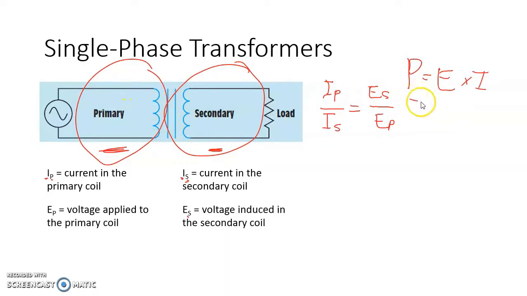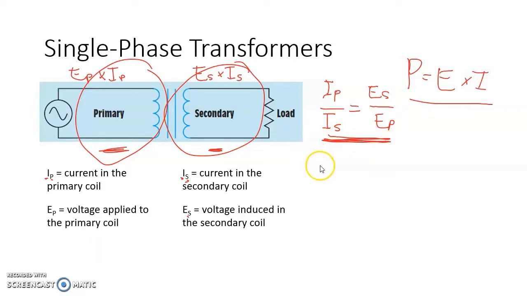So knowing that power equals voltage times current, primary voltage times primary current equals secondary voltage times secondary current. And this formula actually shows that.